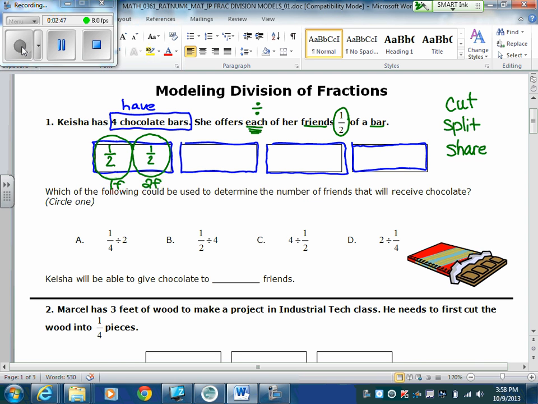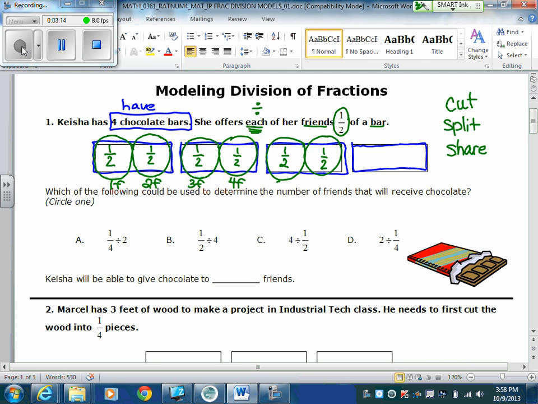She wants to do the same thing. This would be half, and this would be half. So this could go to a third friend, and this piece could go to a fourth friend. But she's not done, because she still has candy bars. Her third candy bar, she wants to give half and the other half.